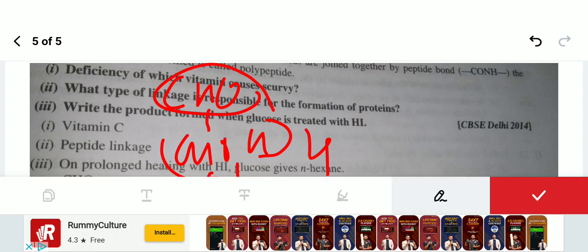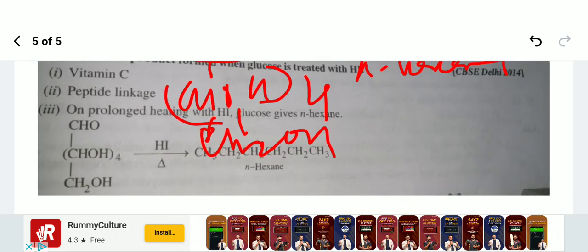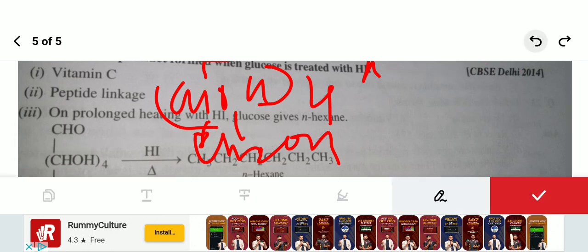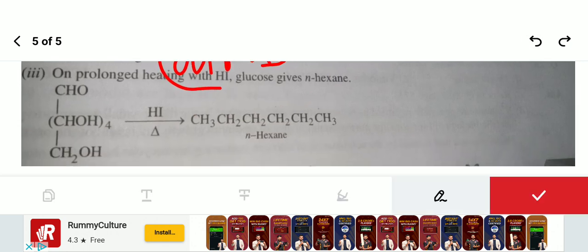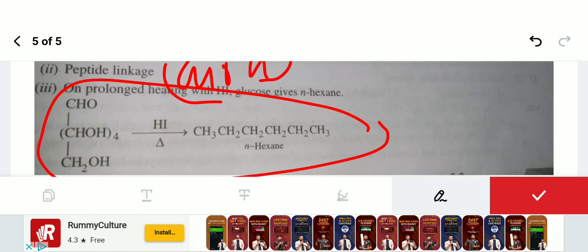Here, instead of CHO, it becomes n-hexane. That is what happens when it reacts with HI. You can see it clearly now. That's it for the PYQs.